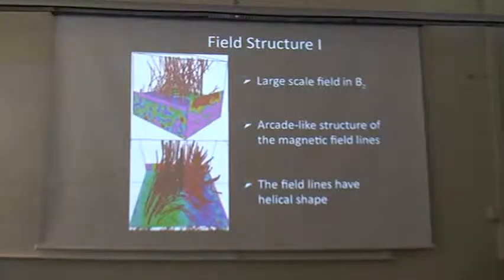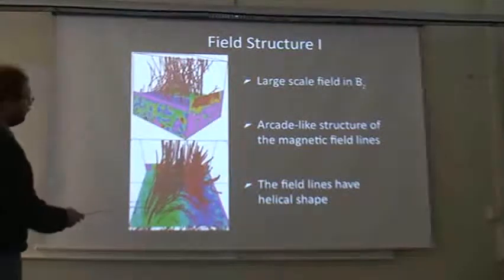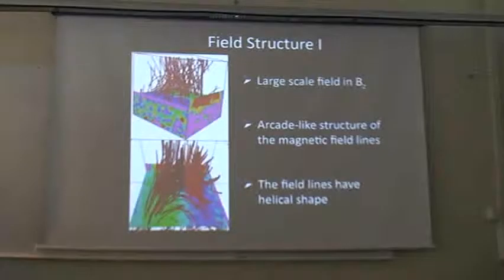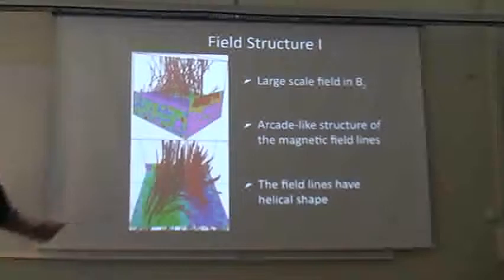And then you get these arcade-like structures because of the BZ component and the vertical field boundary condition. Maybe it's not that good to see in this picture, but they also have some helical shape. It's very important when you look at flux emergence, how magnetic fields on the surface are always kind of helical, especially when you look at flares. Arcade means like arches? Yeah.